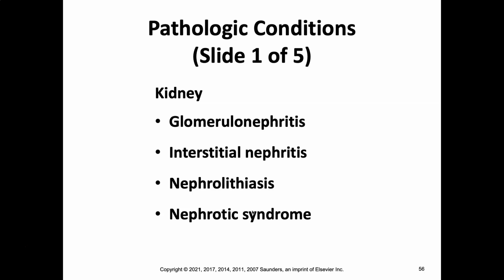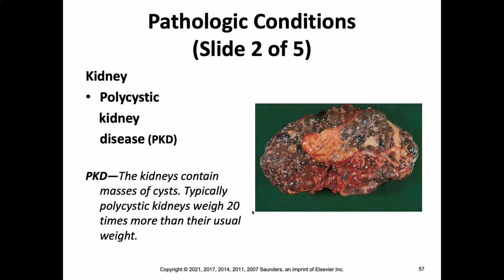There are procedures to break those up, and we'll probably talk about that when we get a little bit further in. But nephrolithiasis is a very painful condition, meaning kidney stones. Nephrotic syndrome, that's also talked about in your book. Polycystic kidney disease. This is where the kidneys develop all these cysts, and cysts are a fluid-filled sac. If you're looking at this, you can see this is not going to be a normal functioning kidney.